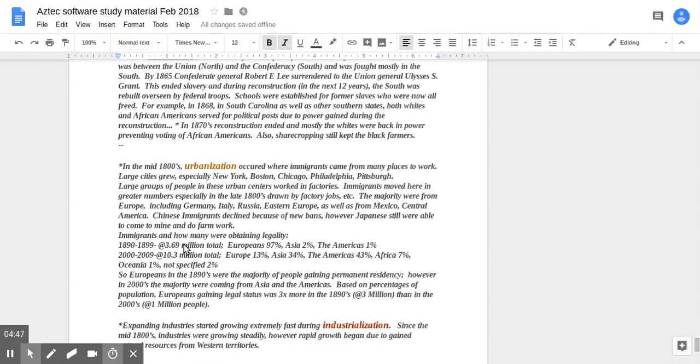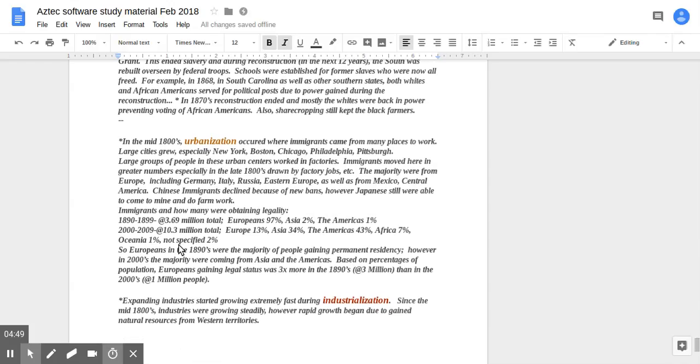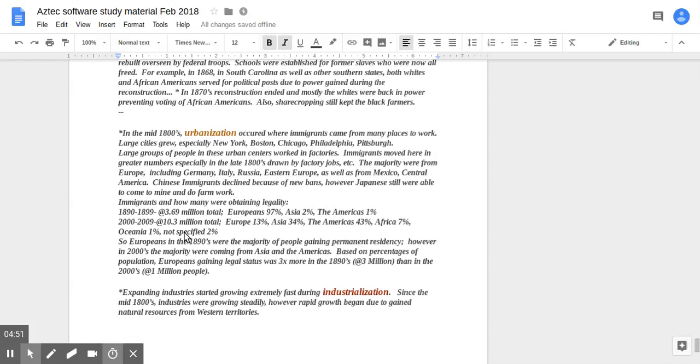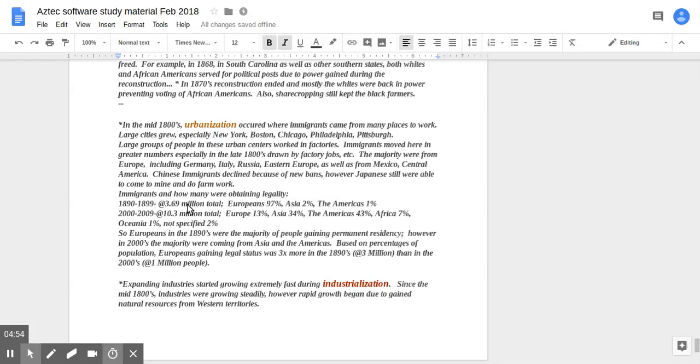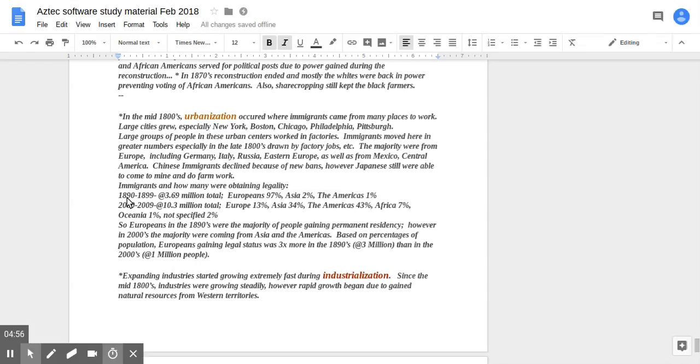Let's see. This is talking about immigrants and how many were obtaining legality between 1890 and 1899. About 3.69 million people were obtaining legality, which is like citizenship, and that were immigrants. Out of this, Europeans were 97%, Asia 2%, and Americas 1%.